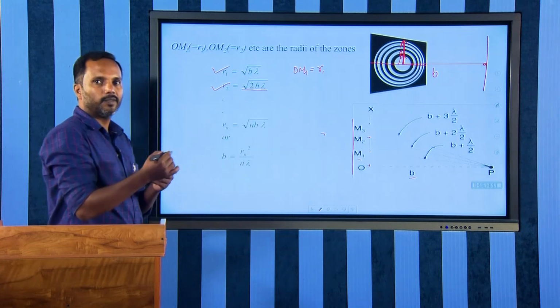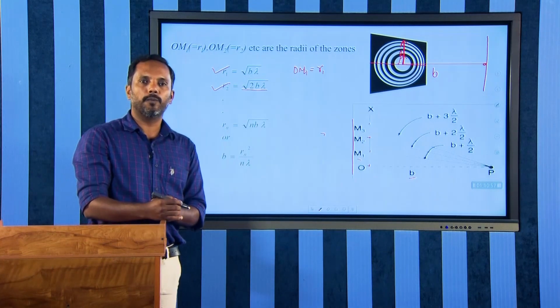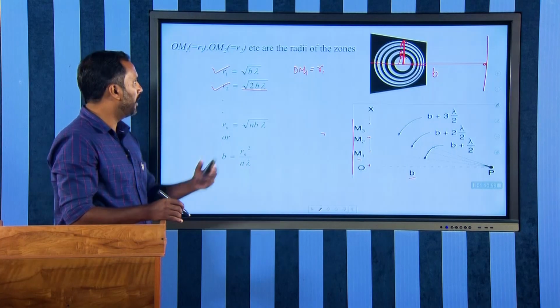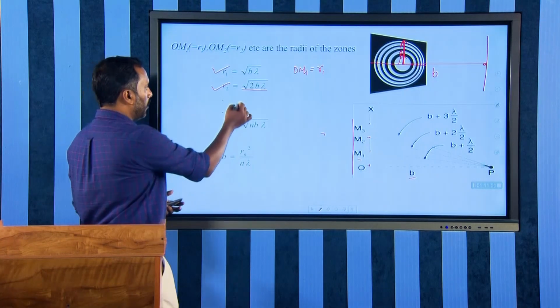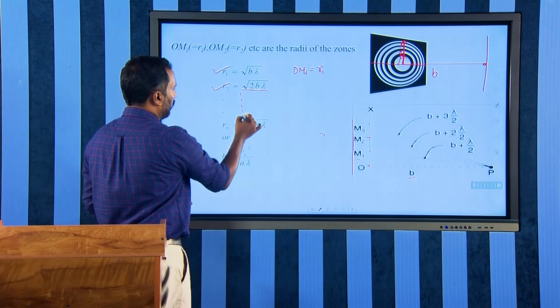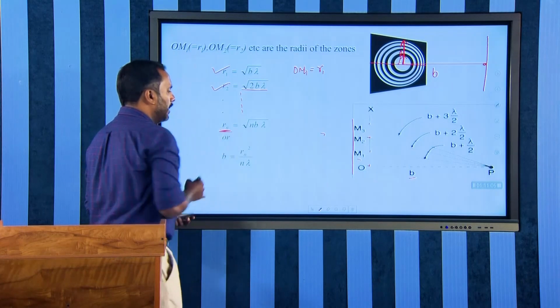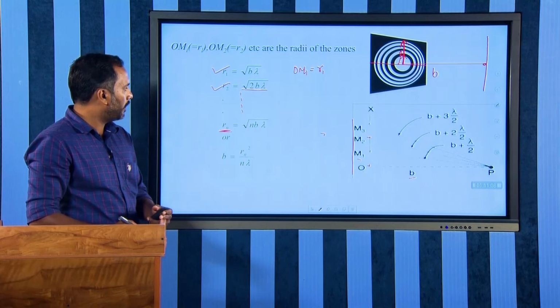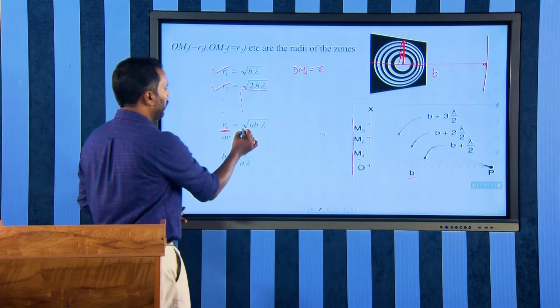Each radius is proportional to the square root of natural numbers, where b lambda is constant, and so on, and the radius of the nth zone Rn can be written as root of n b lambda.